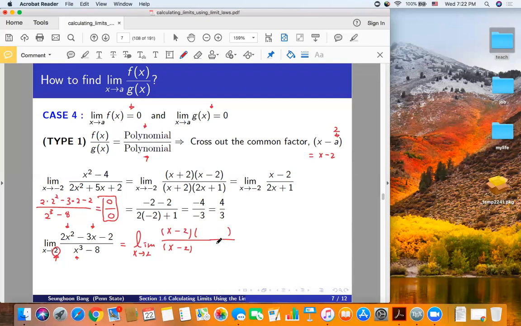What's the other factor on the top? 2x plus 1, yeah, the same. You see 2x squared, so we need 2 times x. The constant part is negative 2: negative 2 times 1 is negative 2. So we have it. Do you know the bottom one?